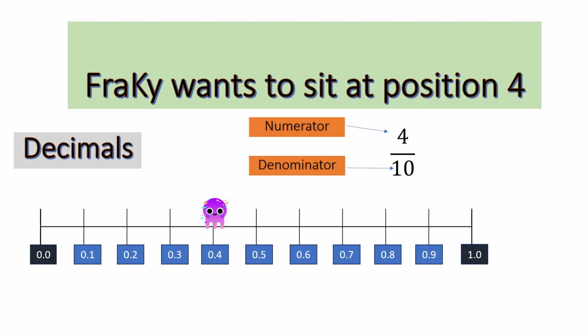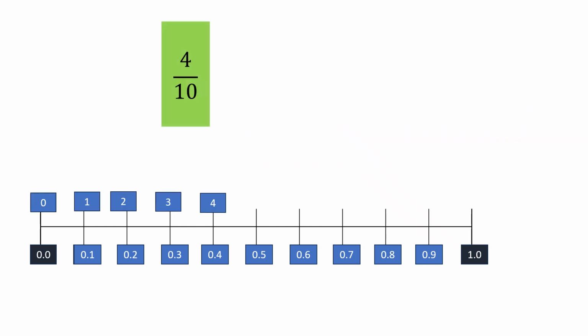Where is Frankie sitting? Frankie was sitting at 4 upon 10 and that is exactly the point that coincides with 0.4. So 4 upon 10 can also be written as 0.4. These are the same numbers. So from here we got to know that 4 upon 10 is known as 0.4.